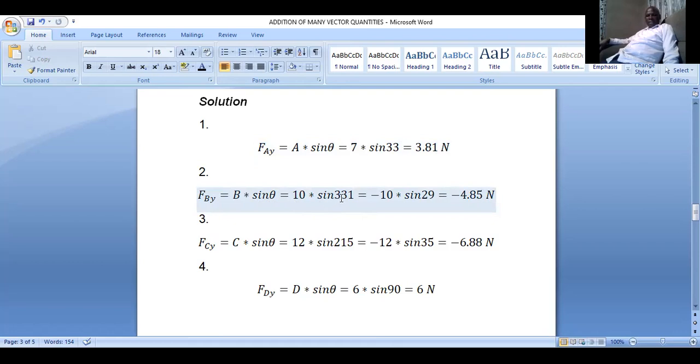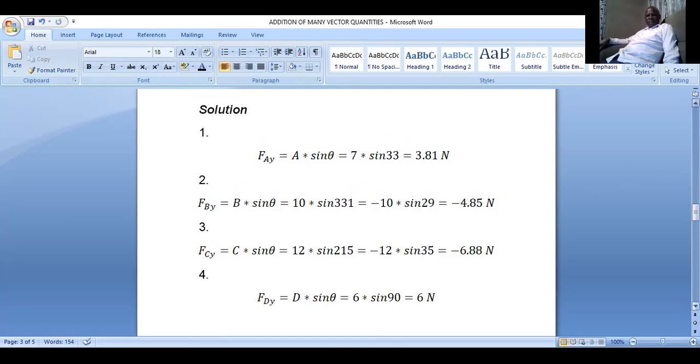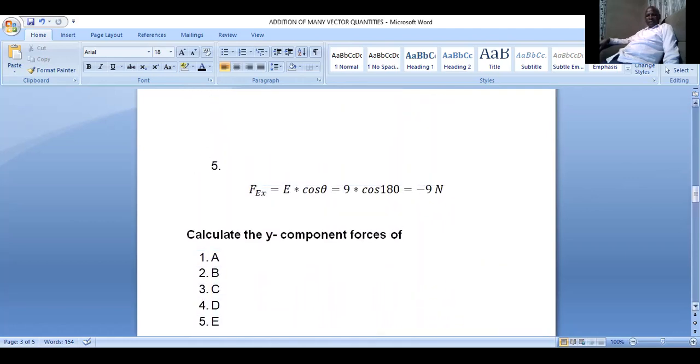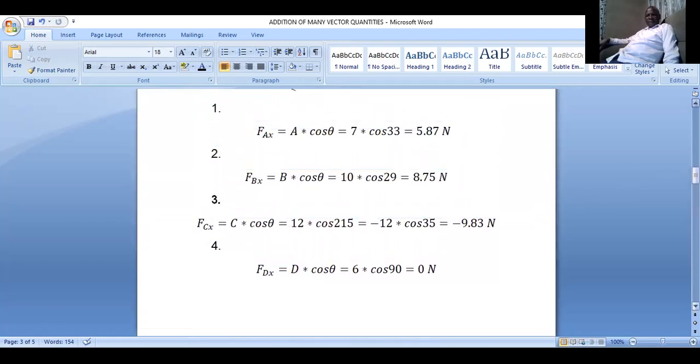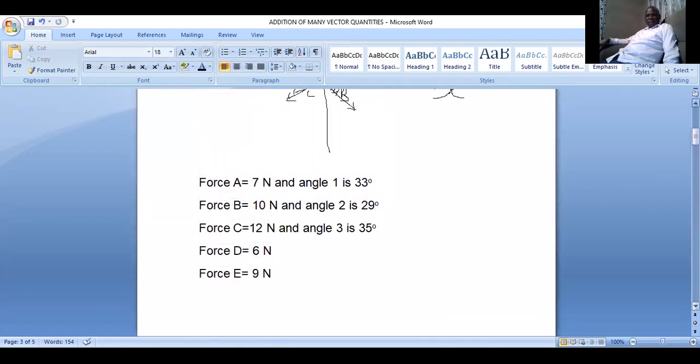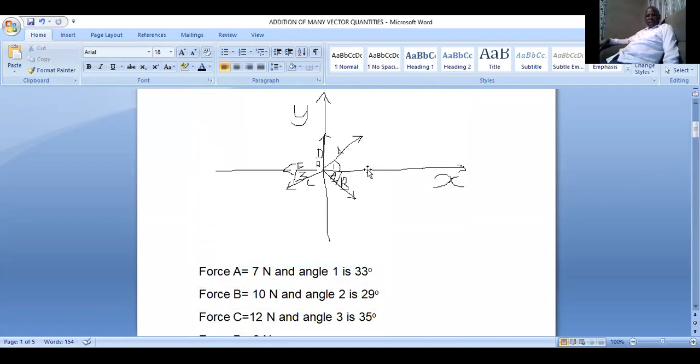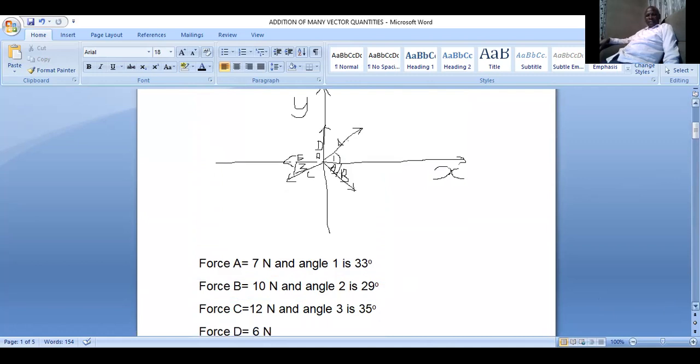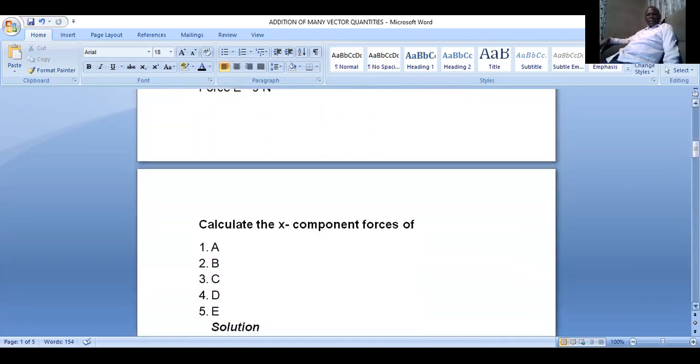sine 331. Why is it 331? As we indicated earlier, we have calculated this angle up to here, and it means that from 360 you just subtract 29, and then it gives us that angle which is there.